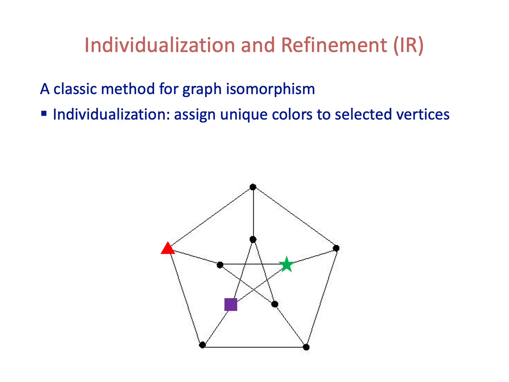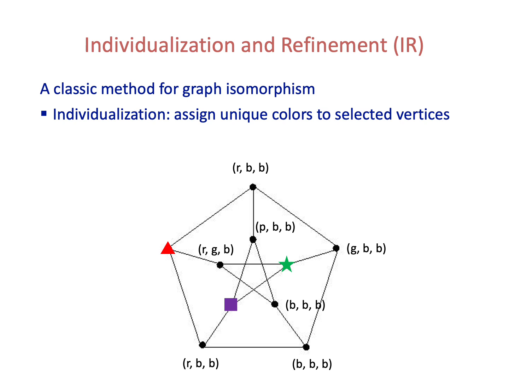Individualization introduces irregularity by carefully selecting a subset of vertices and assigning each of them a distinct color. In this example, we choose three vertices colored red, purple, and green. Then, the refinement expands this irregularity in a manner that preserves the isomorphism, as the other vertices start to look different.